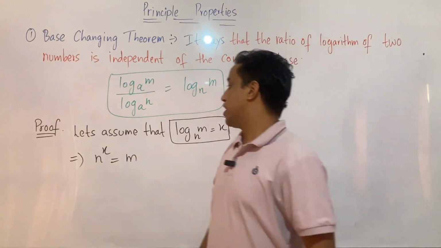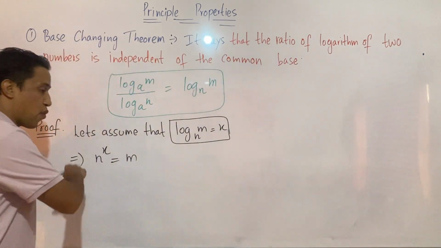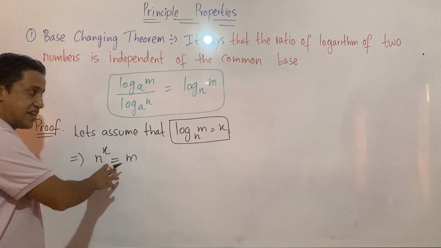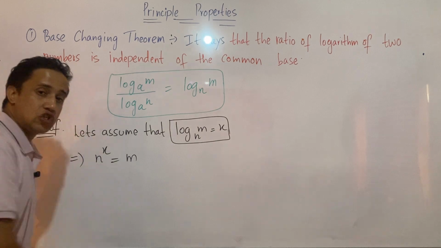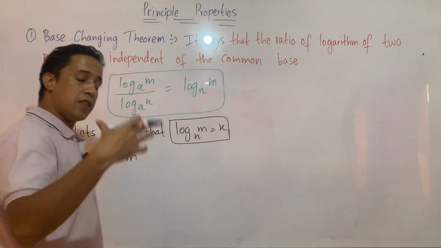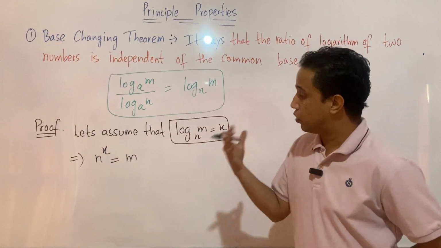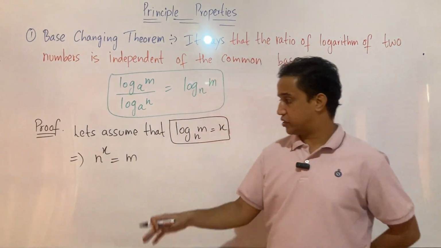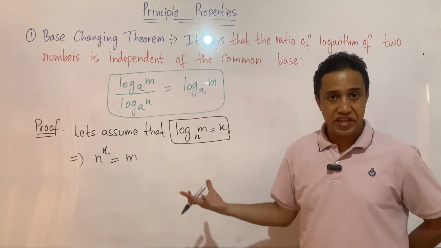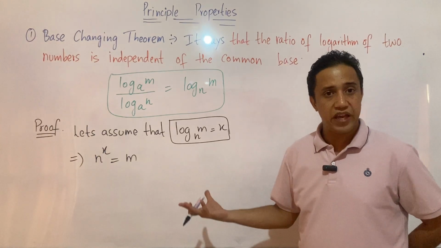So n raised to the exponent x equals m. Now if these two numbers are equal, then their logs are also going to be equal, because it's a property.